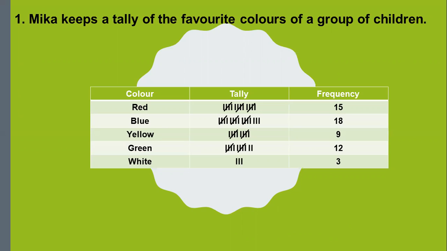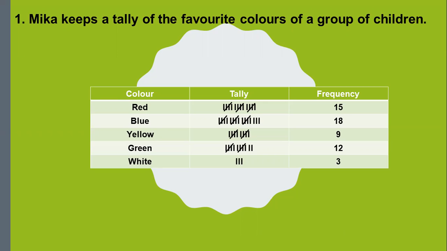And then the frequency is represented on the right side in the tally and frequency part. 15 children like red, 18 children like blue, 9 children like yellow, 12 children like green, and the last 3 children like white. And then I want you to make a pictogram from this data.